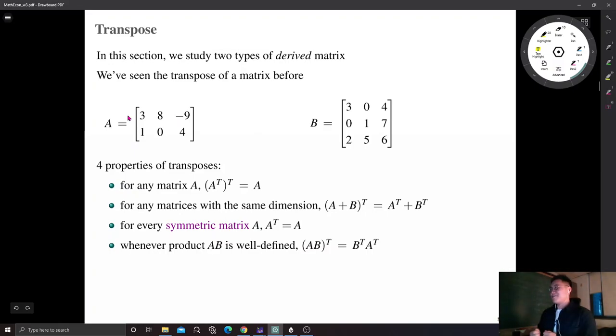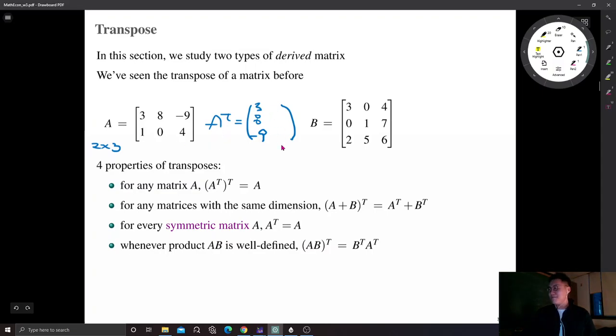Transpose is equivalent to interchanging rows and columns. Here matrix A is a 2 by 3. In its transpose, the first row of matrix A becomes the first column: 3, 9, -9. And the second row of matrix A becomes the second column in the transpose: 1, 0, 4.